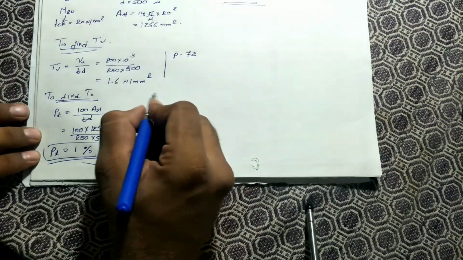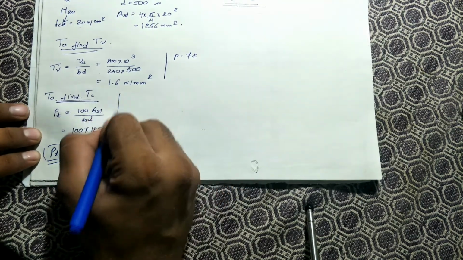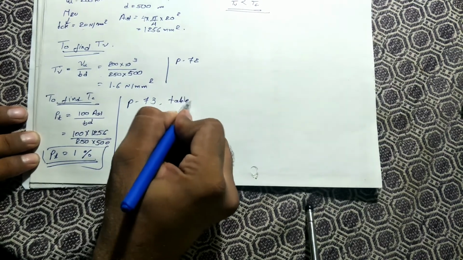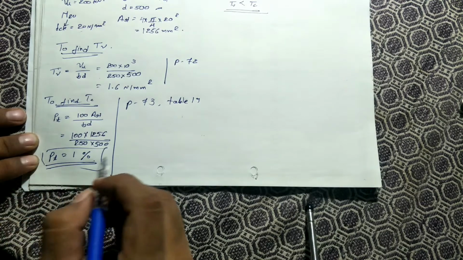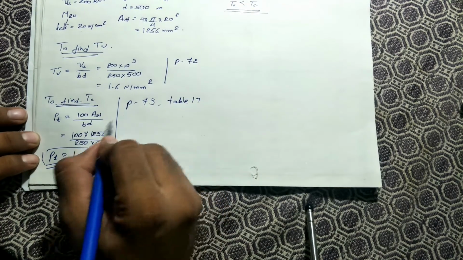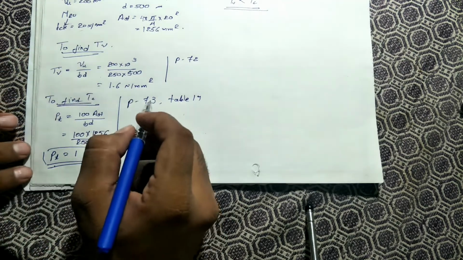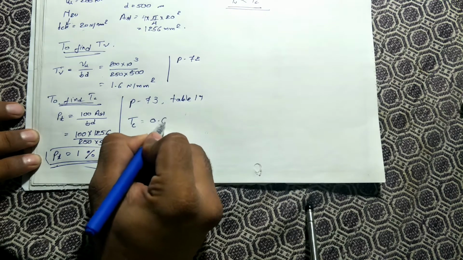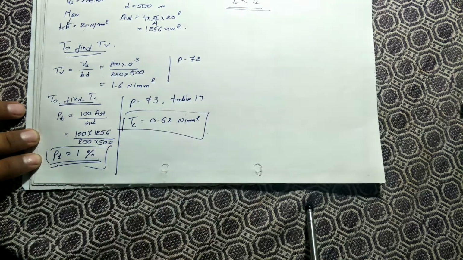On page number 73, table number 19, use the pt value and M20 concrete grade. So we get the tau c value from the table, that is 0.62 Newton per mm square.